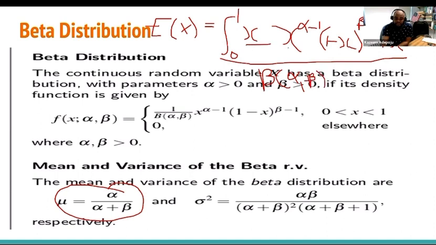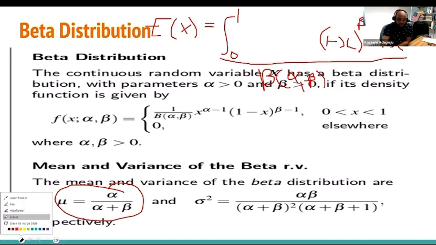If you combine this, you get x raised to power alpha.